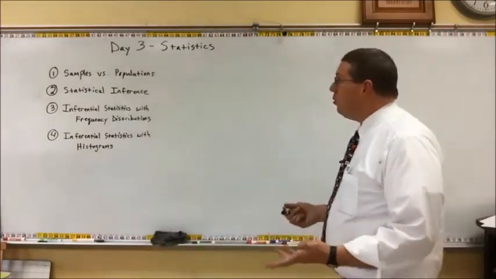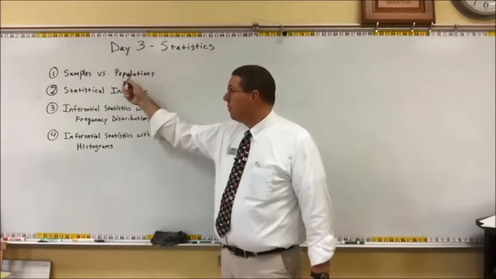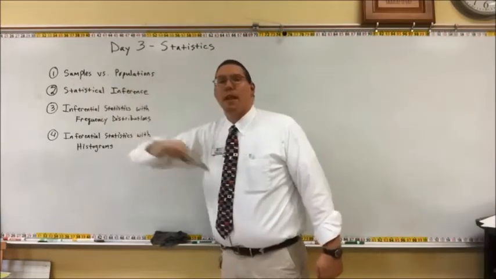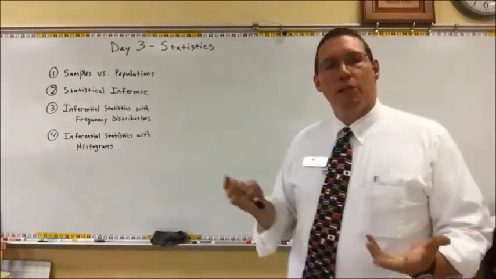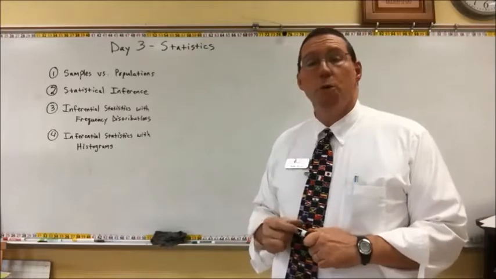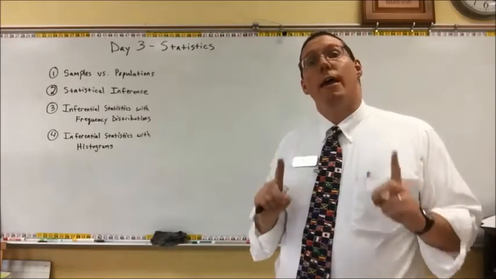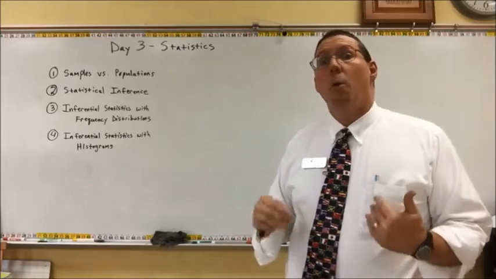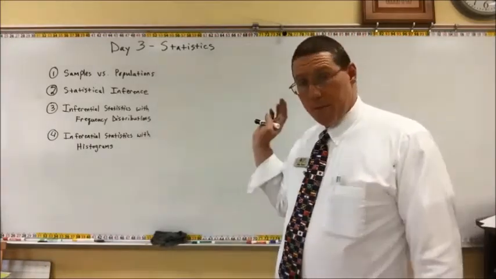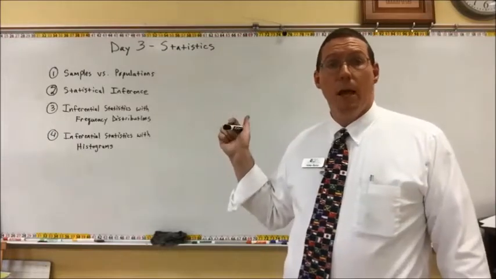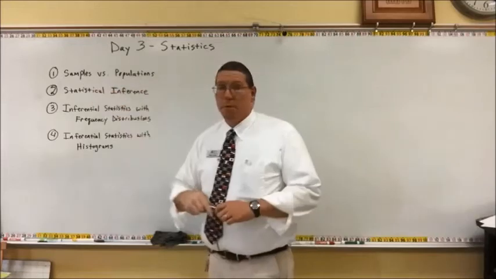So what we do in statistics is, instead of trying to measure everything in the population, we take a sample of the population. So it might make sense to measure, let's say, maybe about 2,000 or 3,000 of the people in the United States, and then draw a conclusion or make an inference about all of the people in the United States, the entire population, based on just the sample that you took.